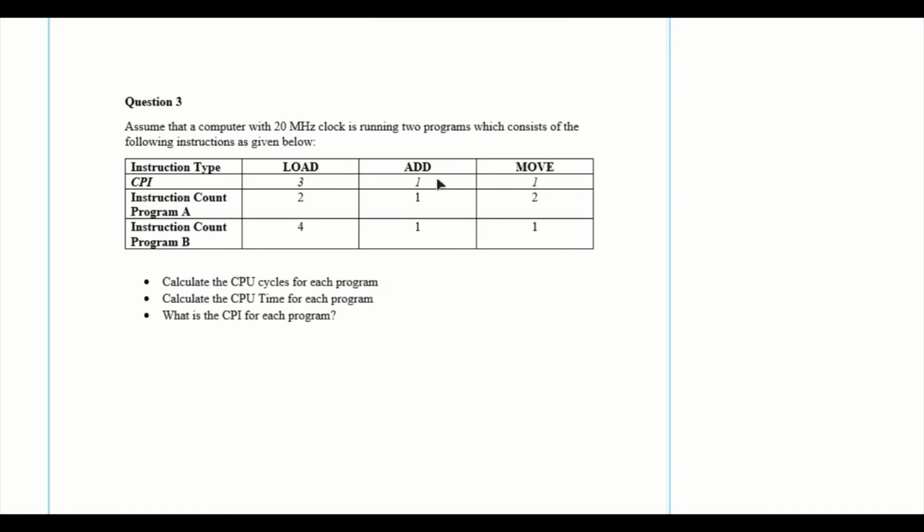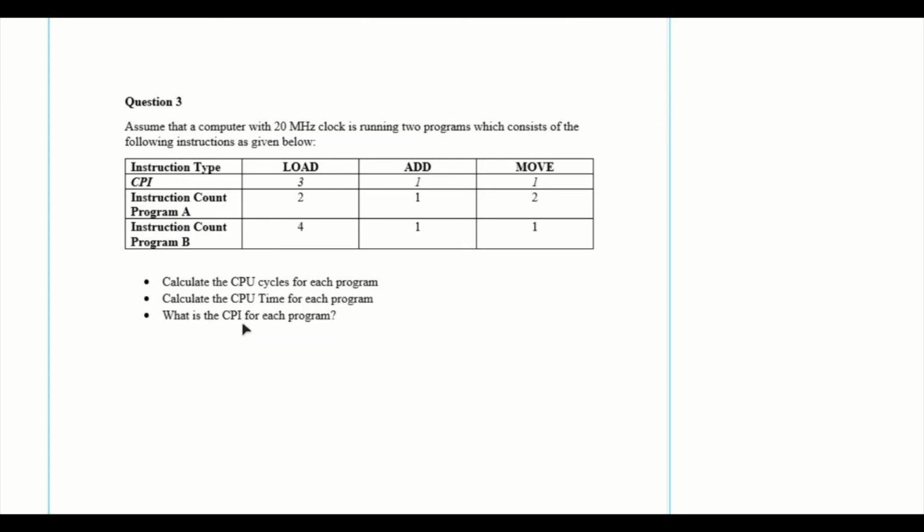CPI is given, and the instruction count. For program A and program B, there are 2 instructions of load type, 1 instruction of add type, 2 instructions of move type. Now calculate the CPU cycles, the CPU time, and then the CPI for the entire program, for program A and for program B.